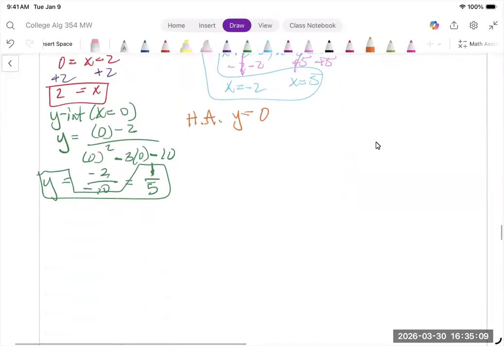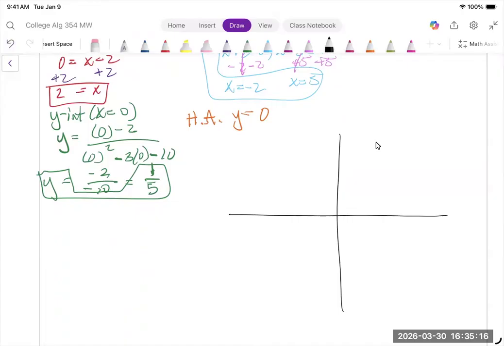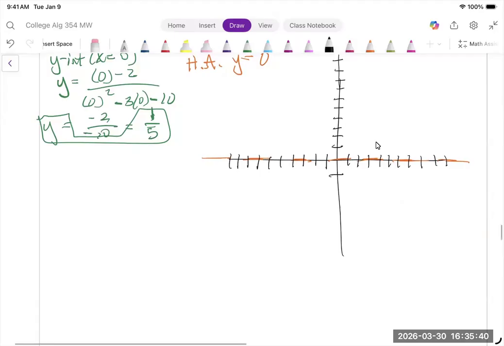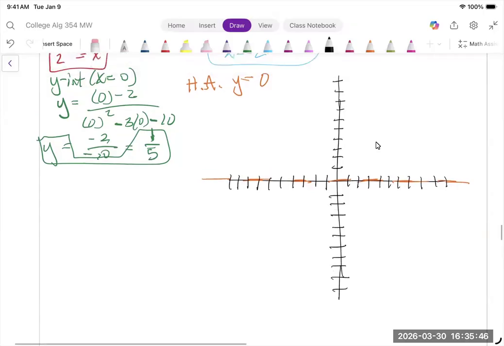Then we'll pick a couple of points. But first, I like to get my axes slapped down, my asymptotes handled. So here's my horizontal. And then I have an x-intercept. Let's just throw down some 10 by 10. That's not to scale, that's okay.